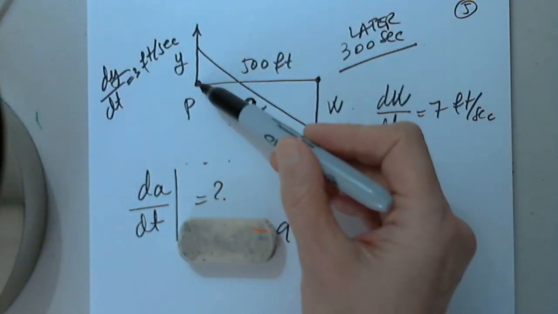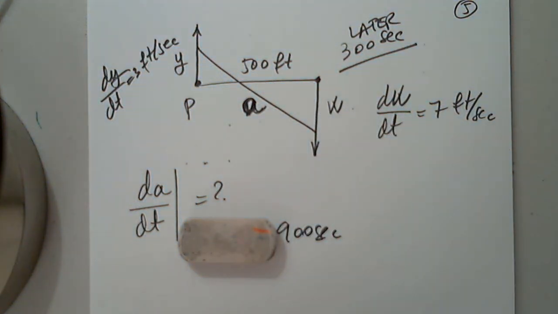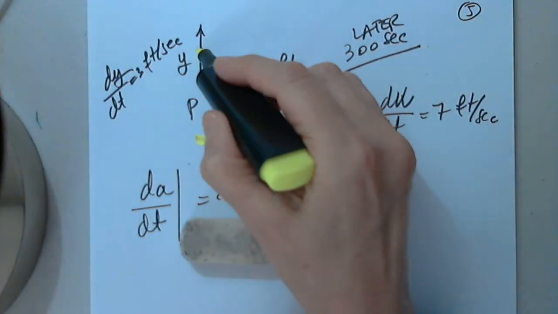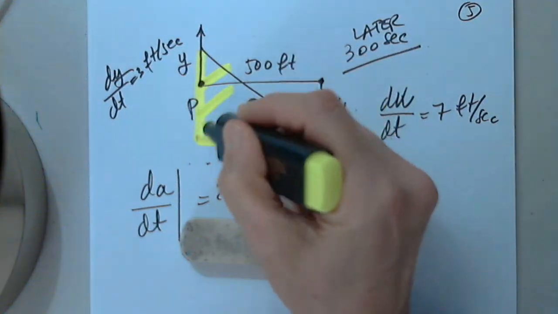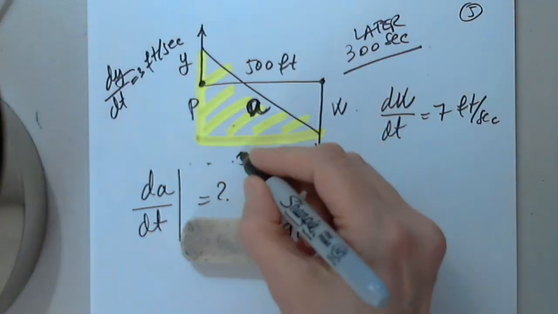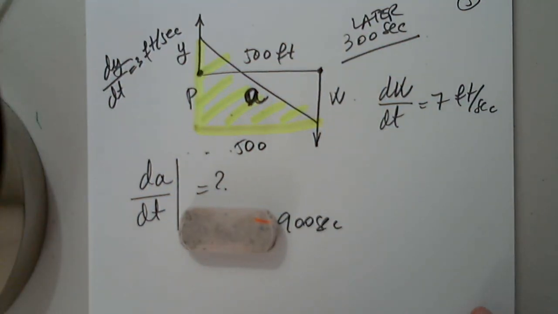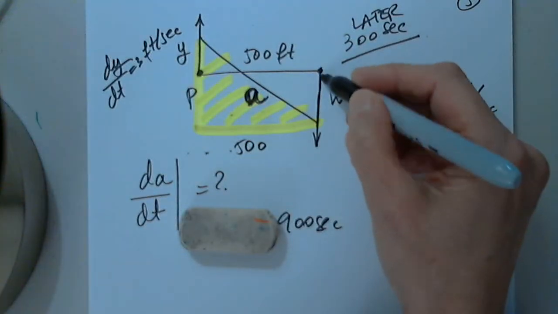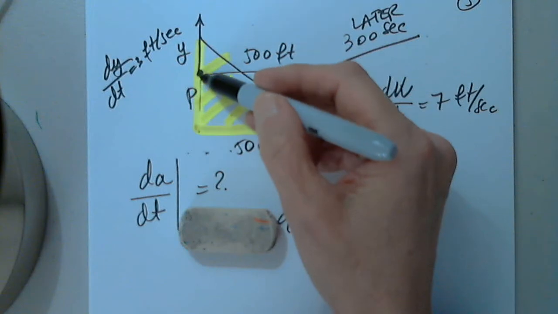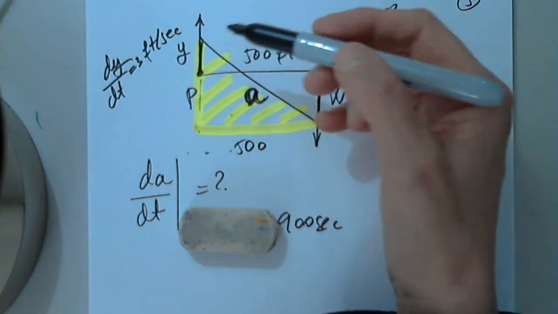So I'm going to imagine that I move this distance here, and I have this triangle. So this is still 500. This is the distance covered by the woman, which is also here. This is the distance covered by the man, which is this.